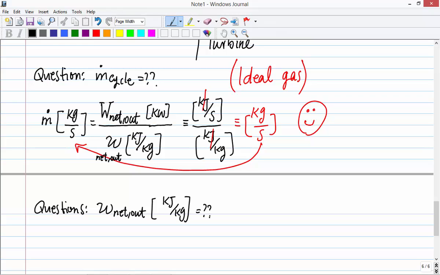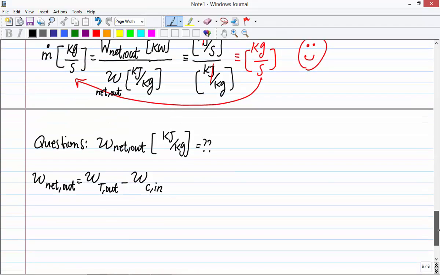What's that? This w is the net, the total work, which means that's going to be how much work is produced by the turbine minus how much work is consumed by the compressor, right?